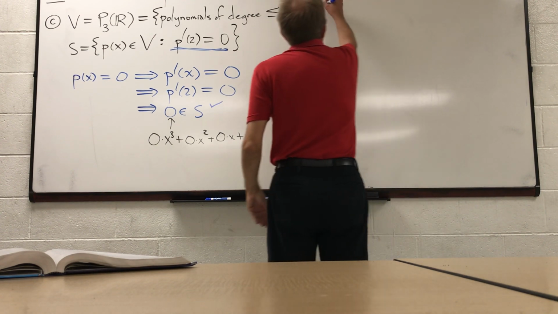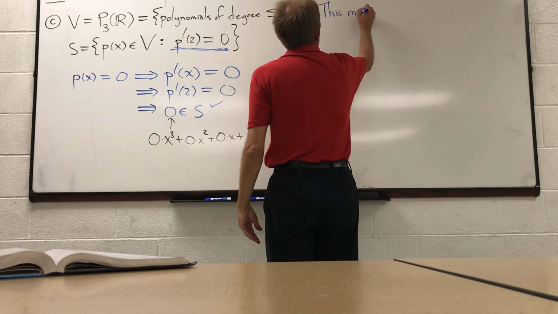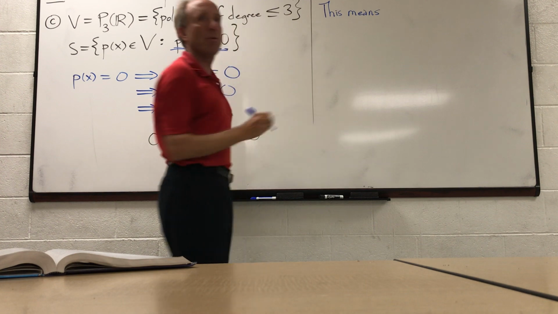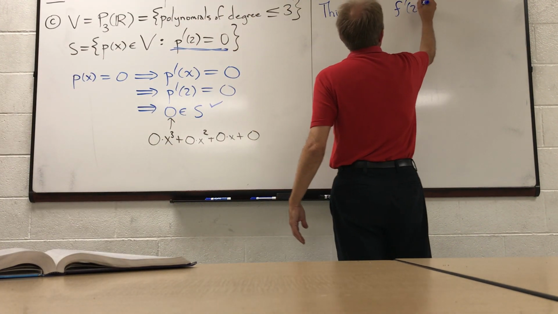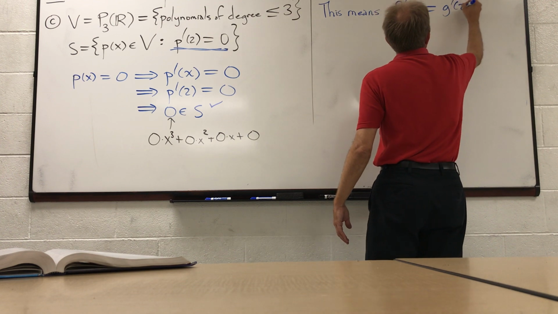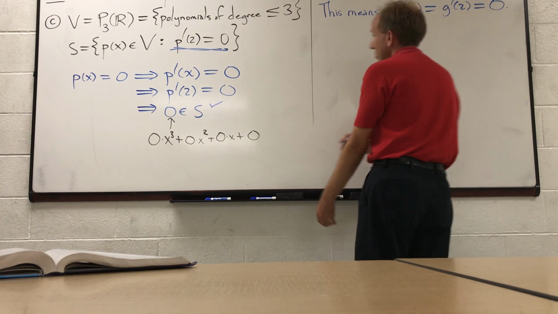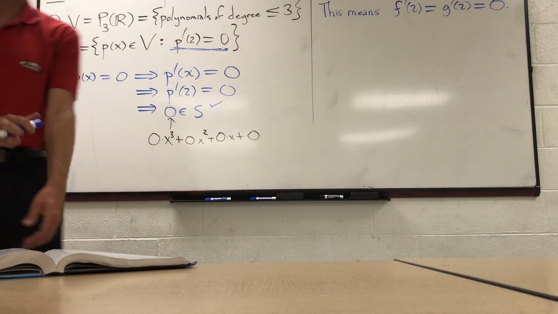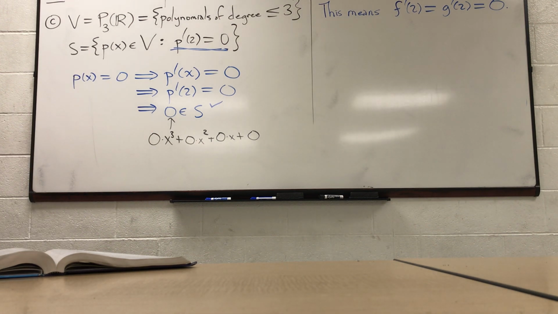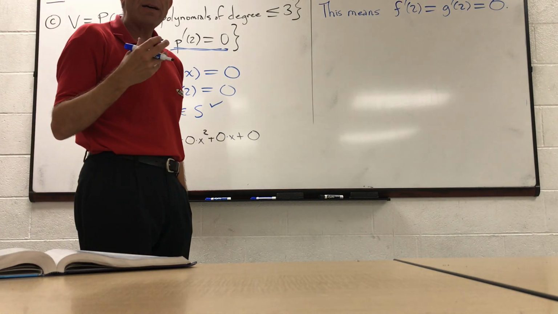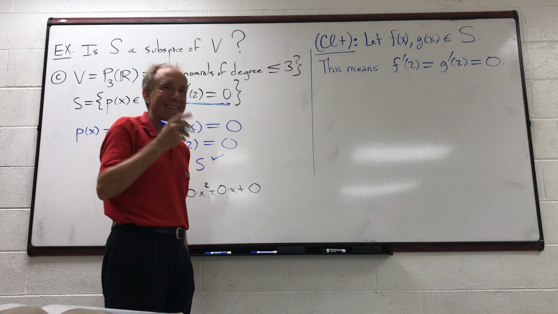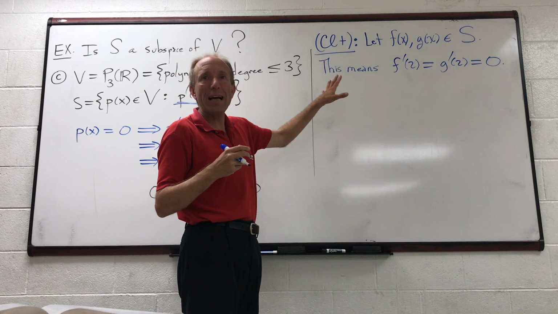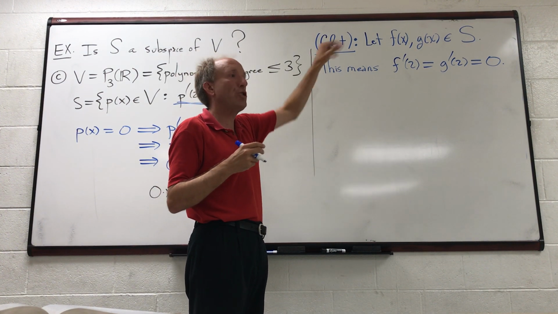Okay, so let's write down what this means. As soon as you're telling me that something is in S, I want to know, what does that tell me? Well, this means that f prime of 2 and g prime of 2 are both equal to 0. Okay, and what I want to look at now is f plus g.